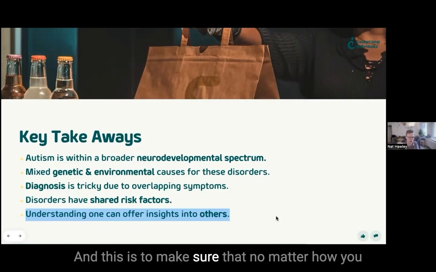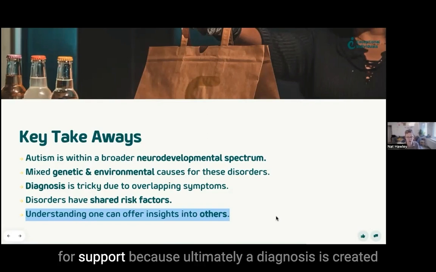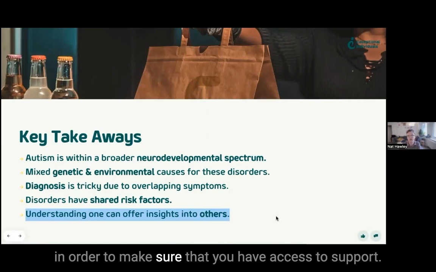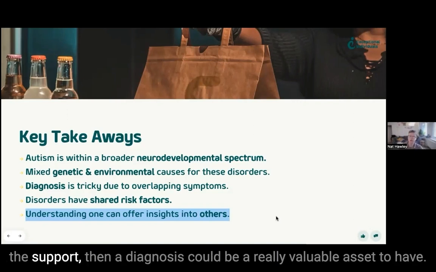And this is to make sure that no matter how you demonstrate your differences, you would still be eligible for support. Because ultimately, a diagnosis is created in order to make sure that you have access to support. Who cares if you don't tick every single box? If you would benefit from the support, then a diagnosis could be a really valuable asset to have.